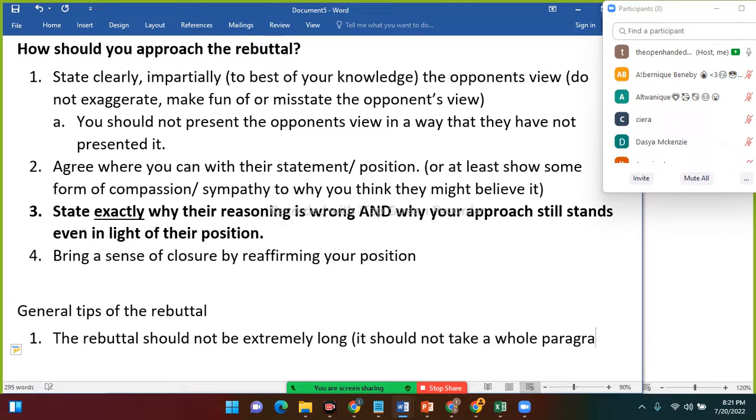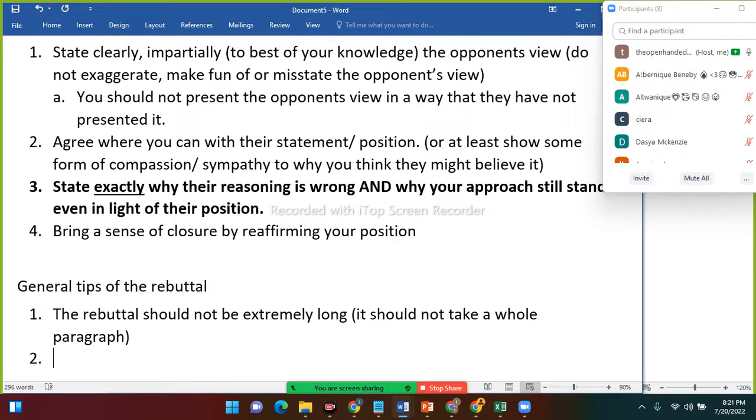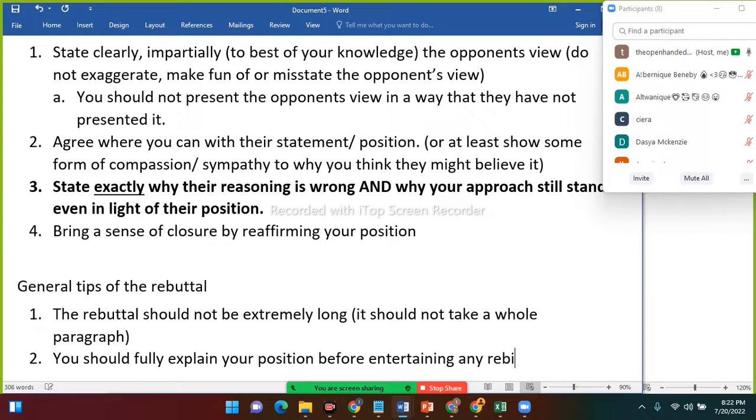The next thing is you should fully explain your position before entertaining any rebuttals. Before you start talking about rebuttal this, rebuttal that, fully explain your position before you tackle any rebuttal.